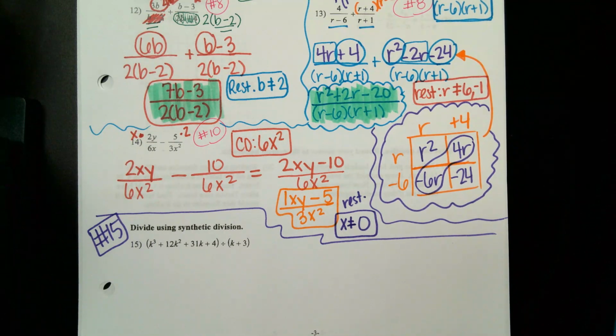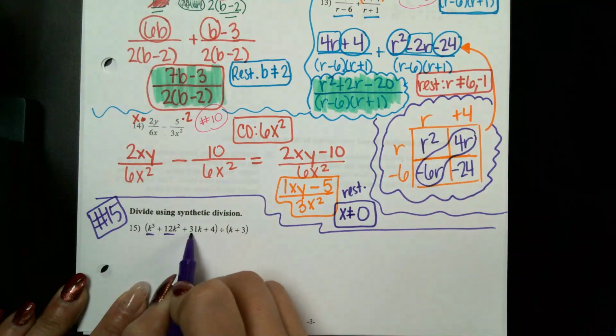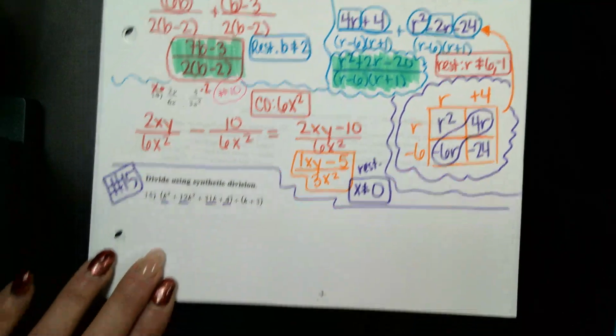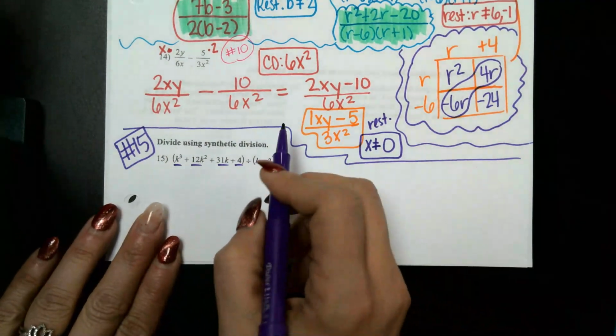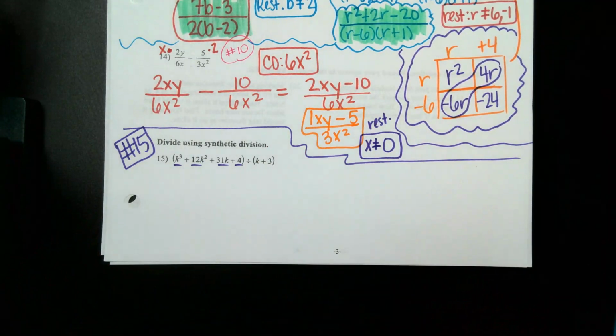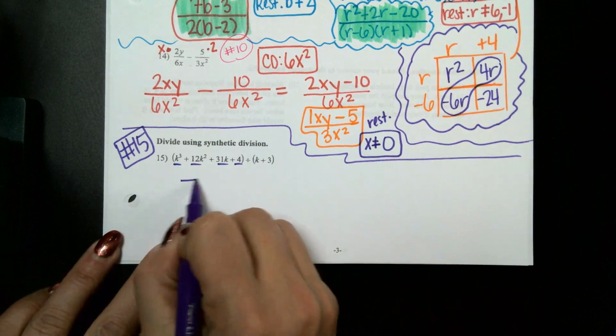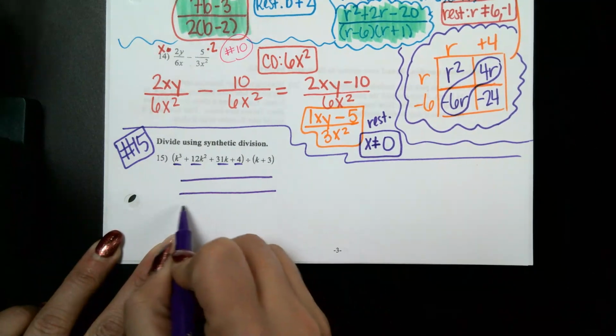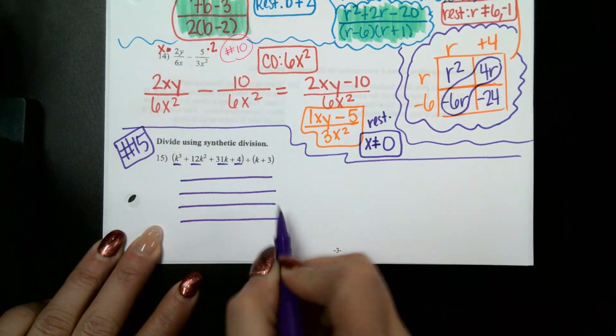All right, synthetic division. Look, 1, 2, 3, 4 terms. So just like before, we're going to make 4 columns, and then there's always 3 rows. 1, 2, 3, 4.